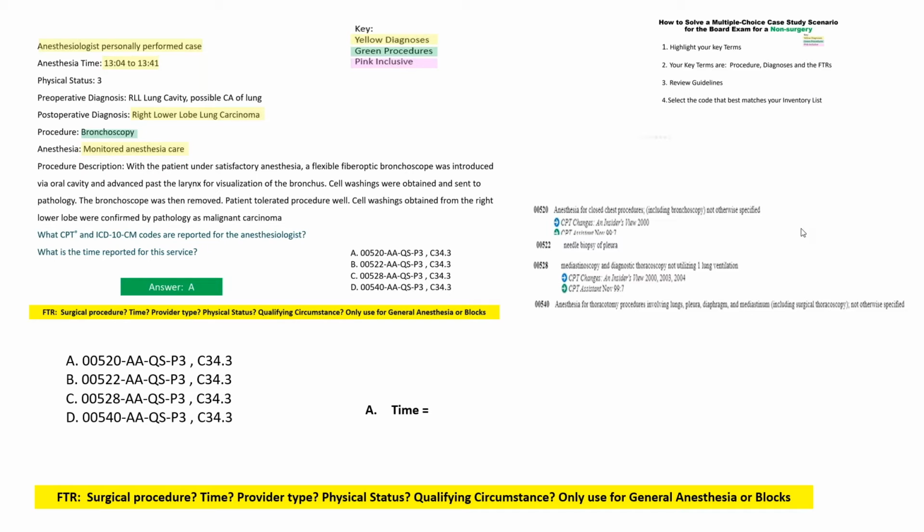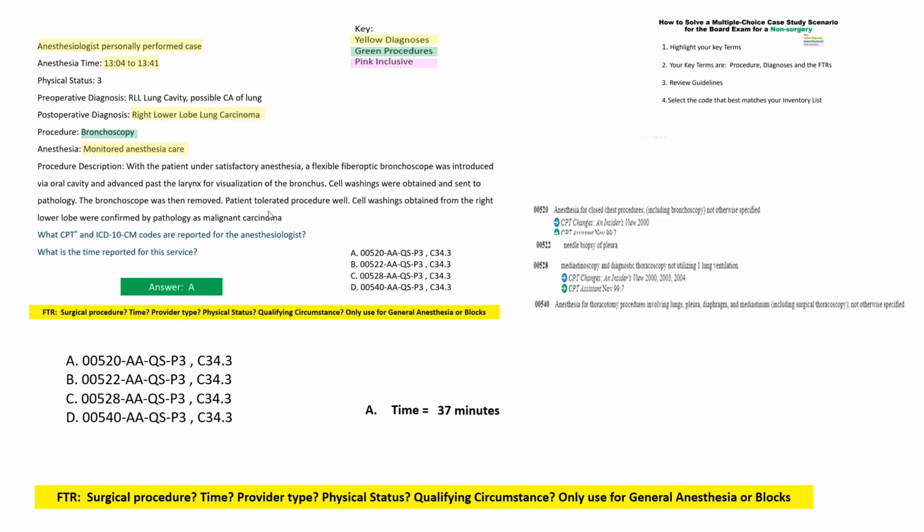Next, I will ask about the anesthesia unit. Yes, there we go. Now we got the answer. Anesthesia time for this one is going to be 37 minutes. We'll find the difference between 1304 and 1341, and that is going to be 37 minutes.